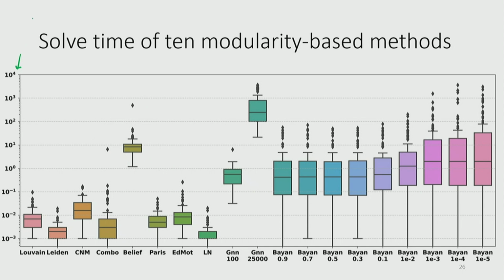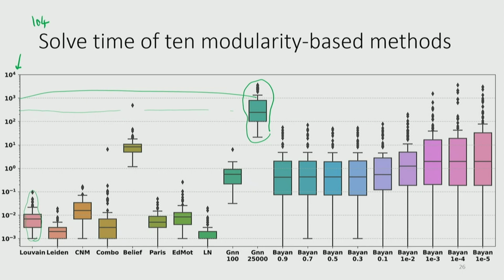For those 104 graphs that I've shown you earlier, these are the solve times of the Louvain algorithm. They are almost always less than 1 second. Leiden algorithm is even faster. But for example, for graph neural networks, you can see that the median time is 200 seconds.